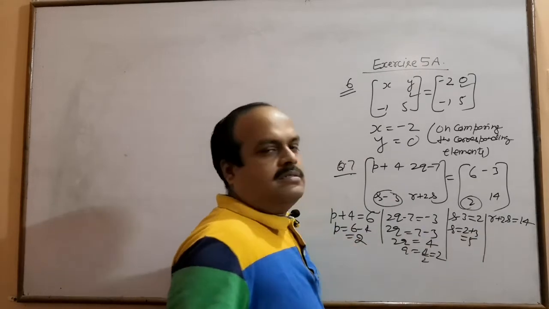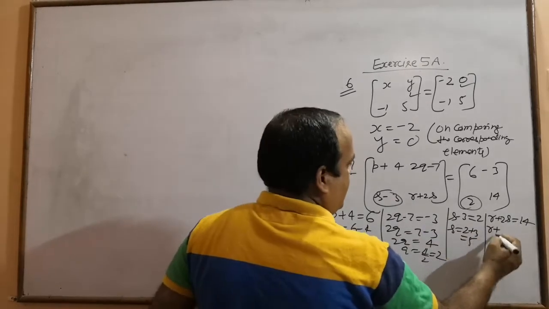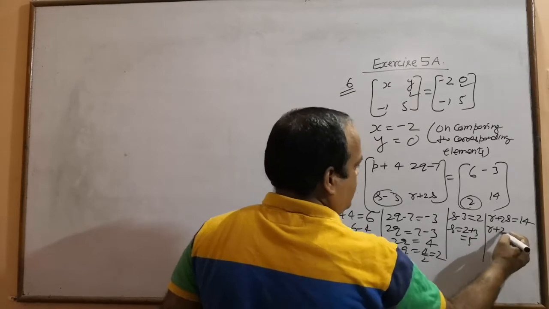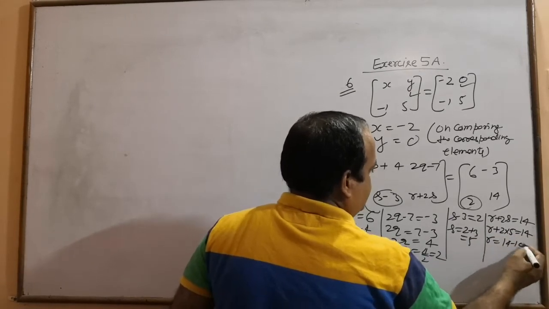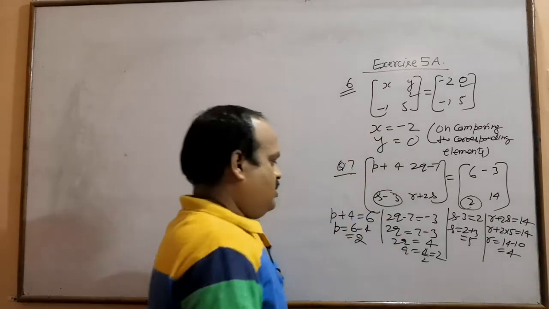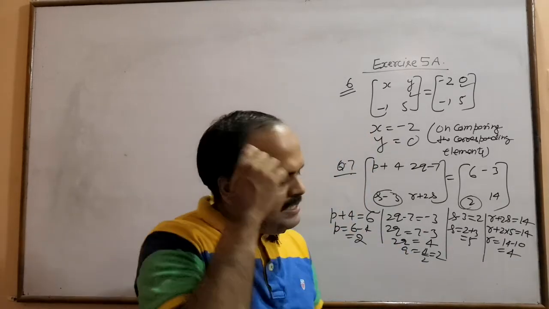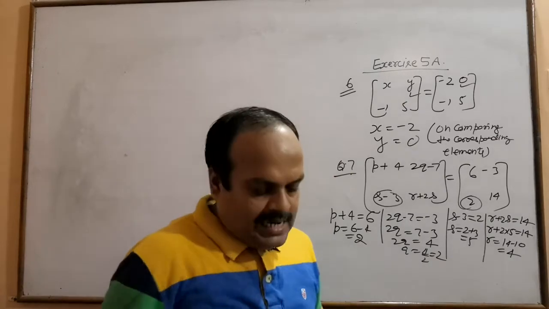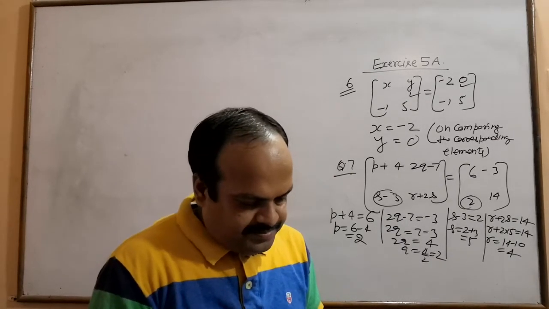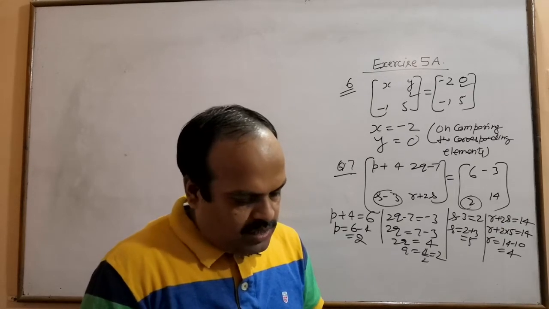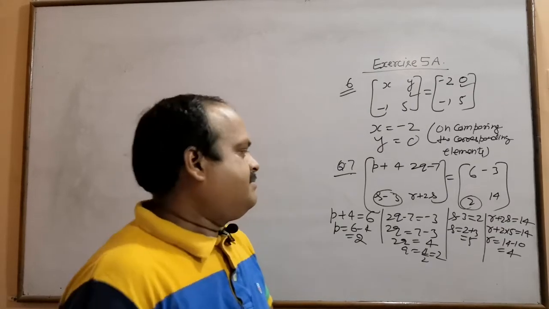And then this will give us the value of R: R plus 2 into 5 equals 14, so R equals 14 minus 10, 4. So P is 2, Q is 2, S is 5 and R is 4.